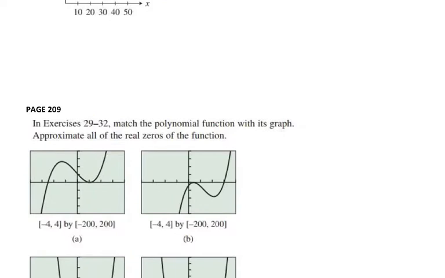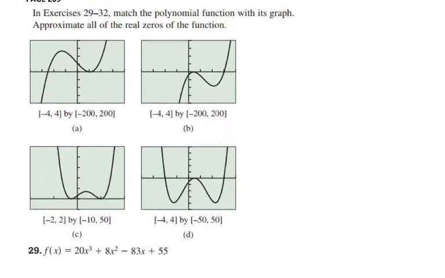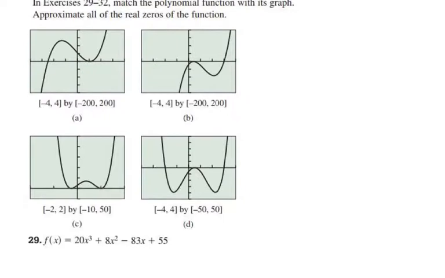Alright. The next one, we're going to match this polynomial, number 29, with its graph and approximate all of the real zeros. Interesting. Okay. So, let's see. I look at this, and I know that that means that it is a y-intercept of 55.